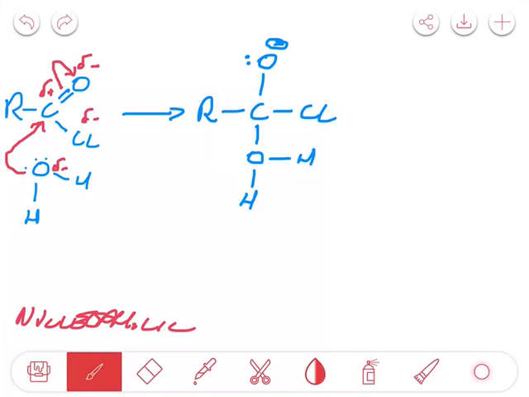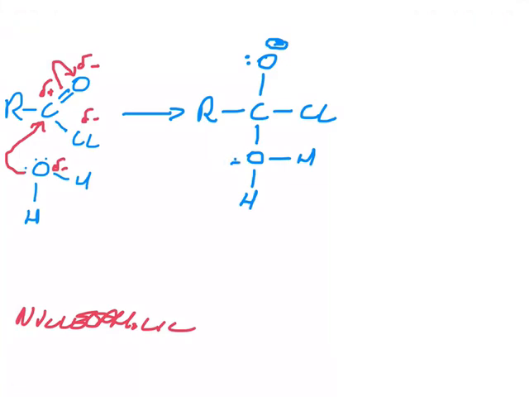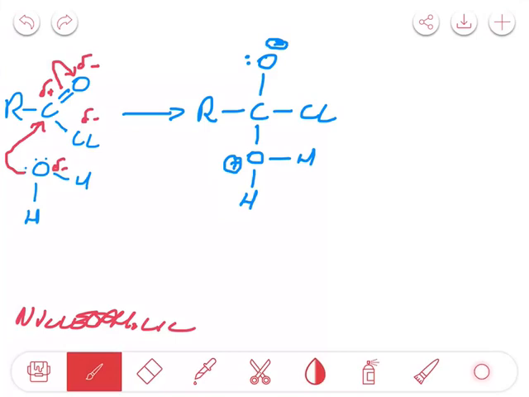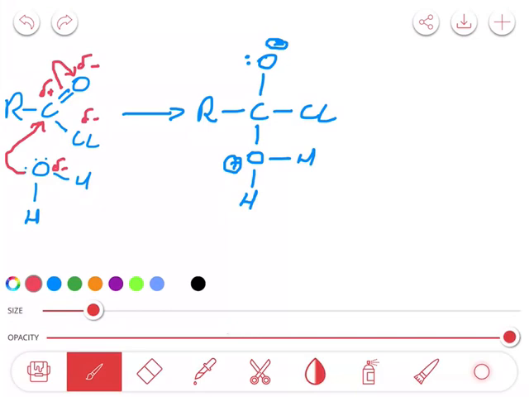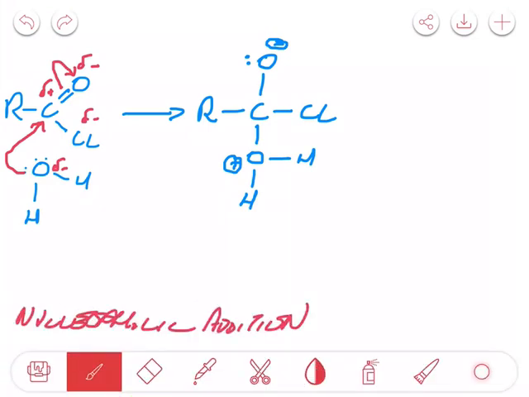And again, if you think about the bond that has formed, oxygen has given an electron that it normally would, plus an extra one, which basically means it's lost an electron, making it positively charged. So at this point, this is our intermediate, and I hope you can see that what we've done is we've added water to that molecule. So the first part of this is nucleophilic addition.